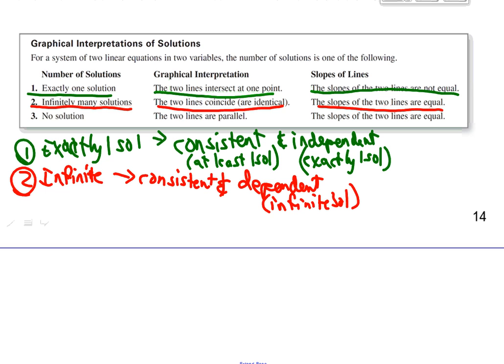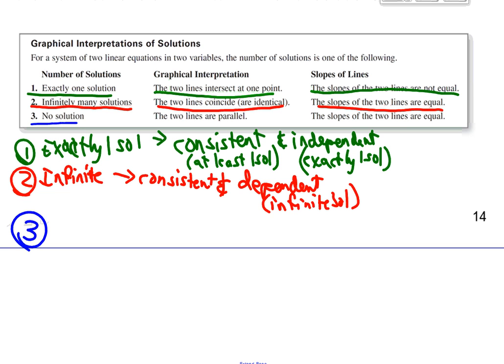Have we covered that before, maybe in your past math classes? It often comes up. We don't spend a lot of time on it. And I think on your next test, you'll have to tell if things are consistent, independent, dependent.